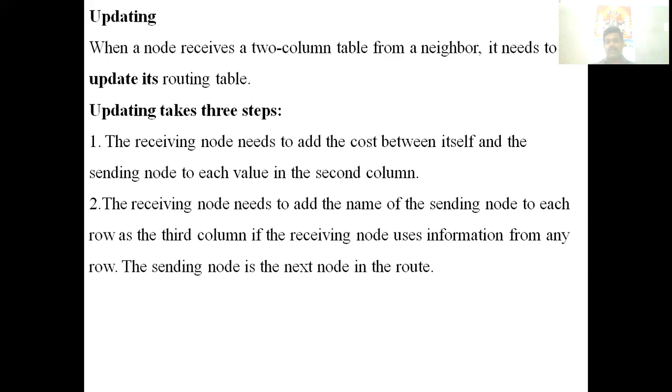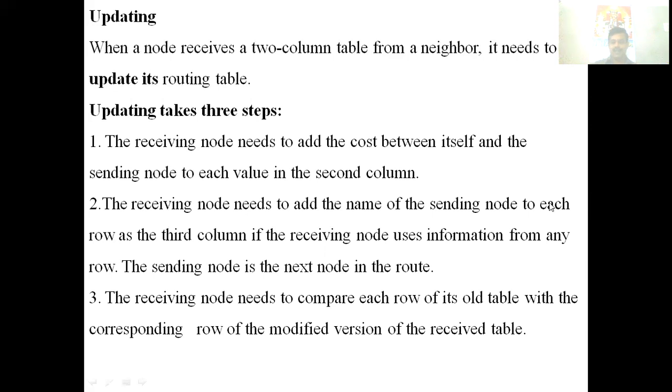The sending node is the next node in the route. The third step is that the receiving node needs to compare each row of its old table with the corresponding row of the modified version of the received table.